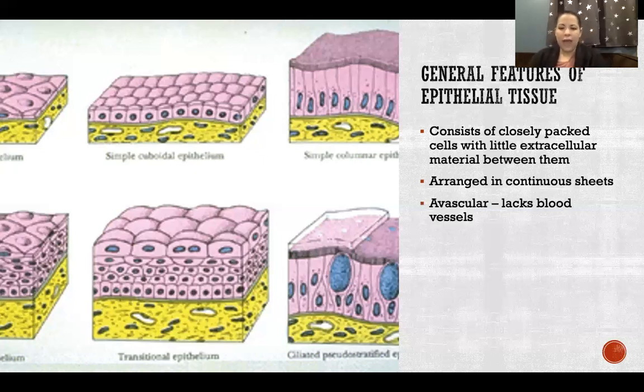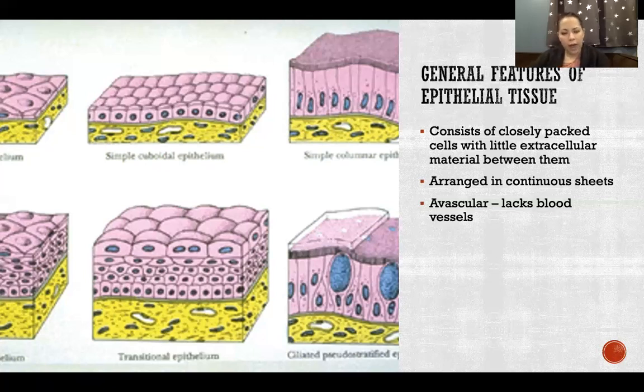Epithelial tissue is avascular, meaning that it does not have a blood supply. There are no blood vessels going to epithelial tissue. Instead, epithelial tissue gets its nutrients and oxygen and gets rid of its waste products through the connective tissue that is underlying the epithelial tissue.